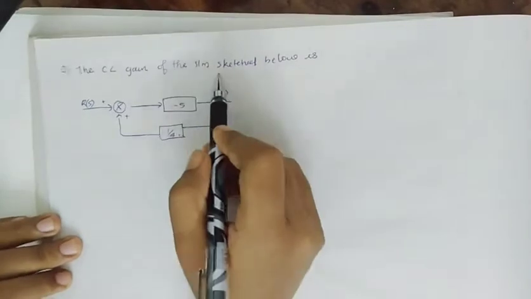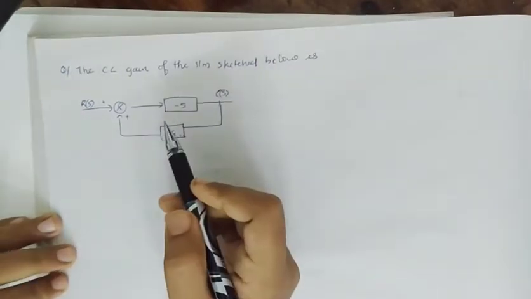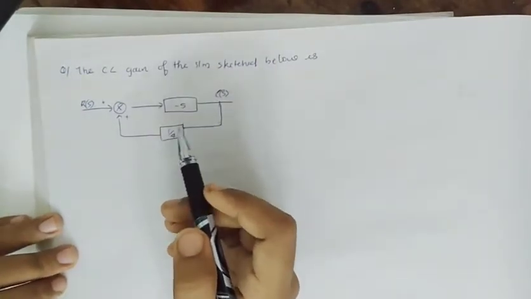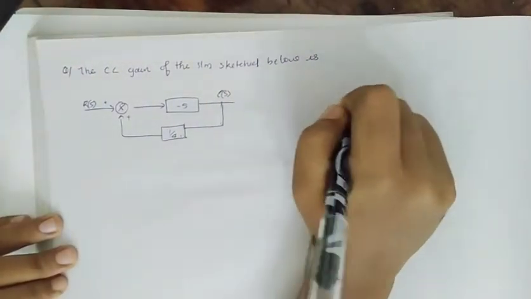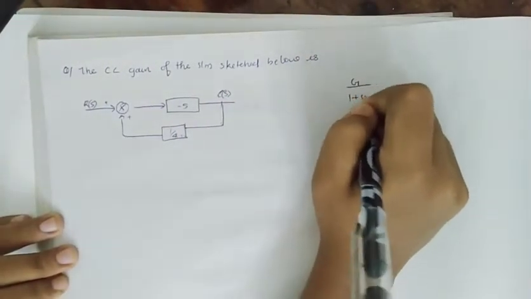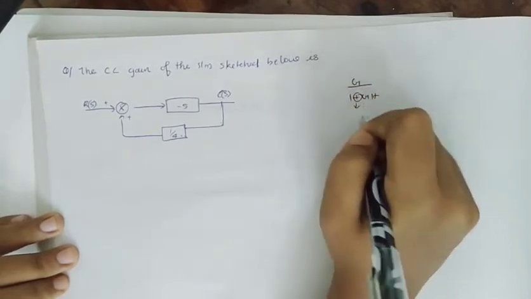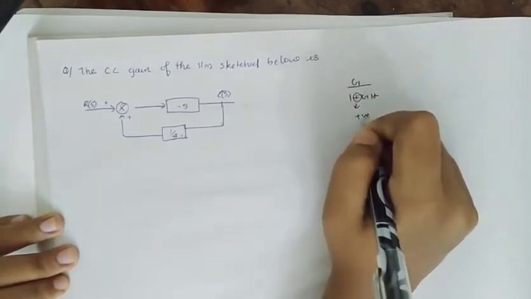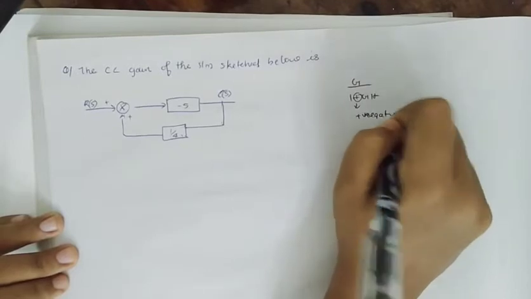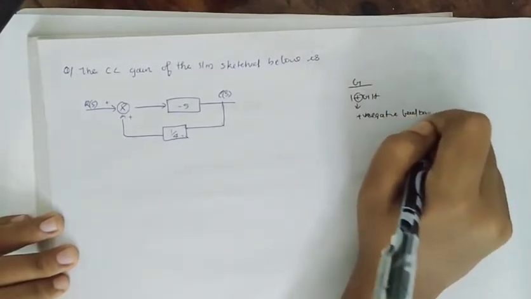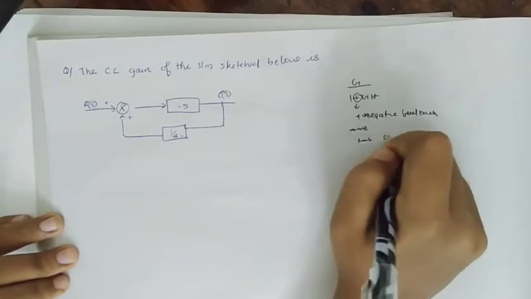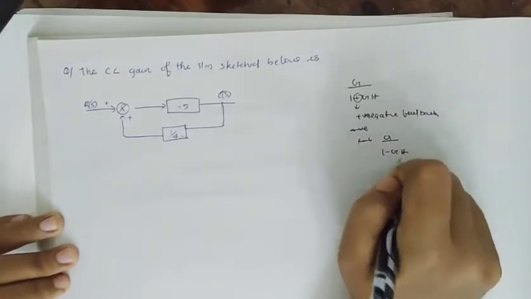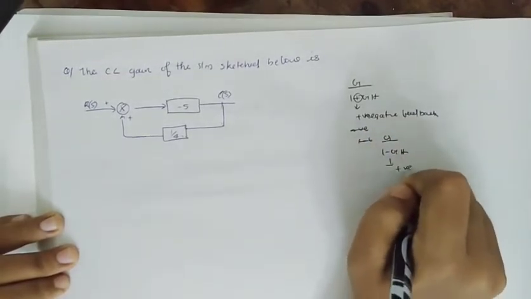The closed loop gain of the system sketched below is asked, that is, we have to find the transfer function only. So what is the closed loop gain? It is G divided by 1 plus GH for negative feedback, and G divided by 1 minus GH if it is positive feedback.